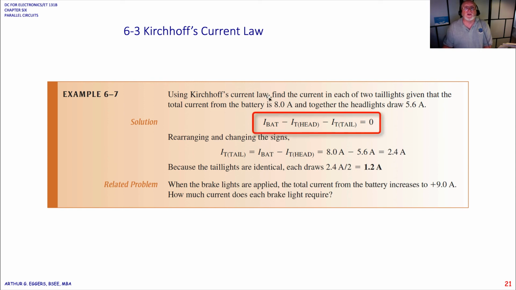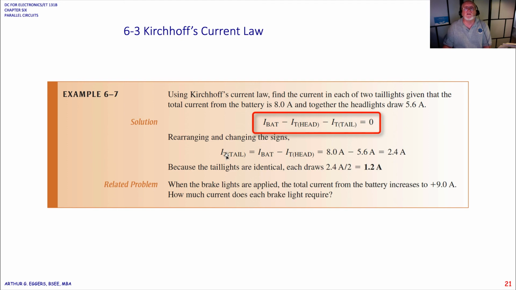Using Kirchhoff's current law, find the current in each of the two tail lights, given that the total current from the battery is 8 amps. Together, the headlights draw 5.6 amps. Okay, so we write Kirchhoff's current law. Current from the battery minus current total head minus current total tail equals 0.